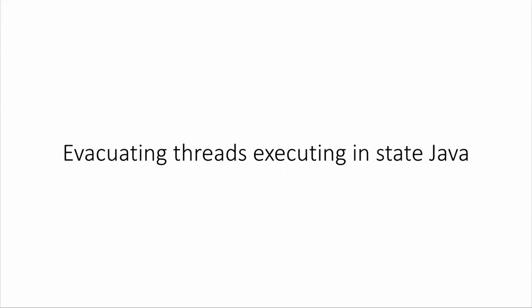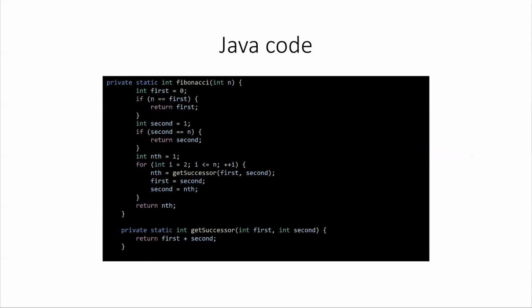So to solve this problem, there needs to be a mechanism in place for evacuating or ejecting the threads that are currently running Java code. Let's say we have some Java code, for example, this code, which maps an index onto the corresponding number in the Fibonacci sequence, the iterative version.